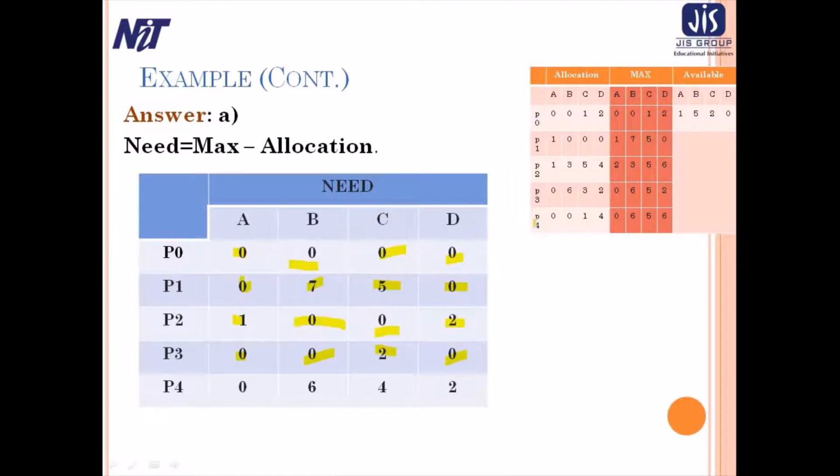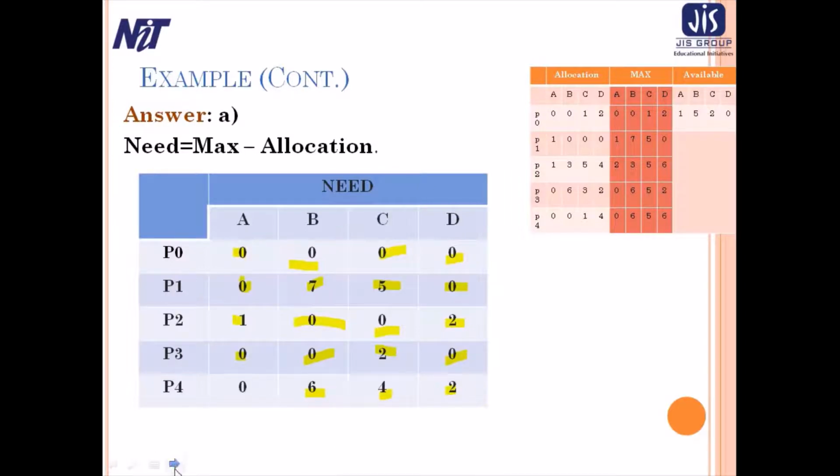And for the last process P4, 0 minus 0, 6 minus 0 that is 6, 5 minus 1 that is 4, and 6 minus 4 that is 2. So this is our need matrix. We got the need matrix.